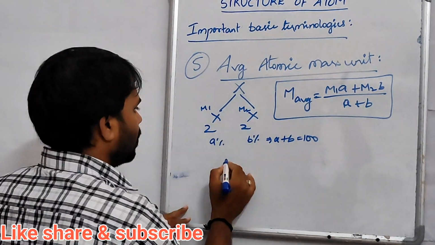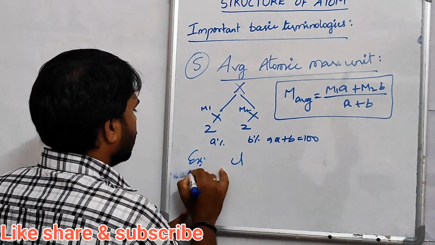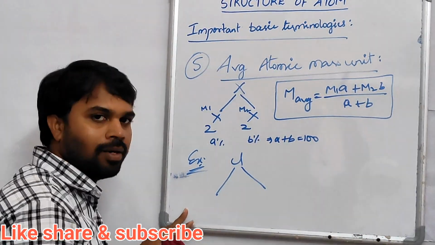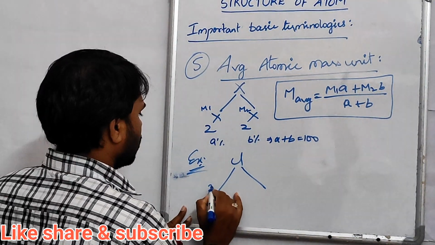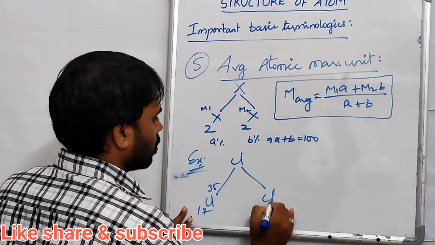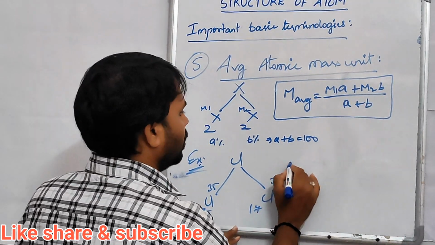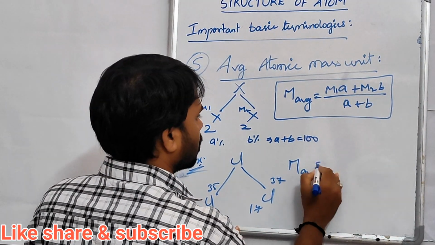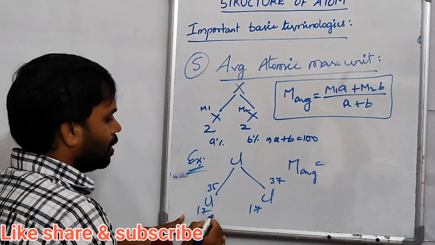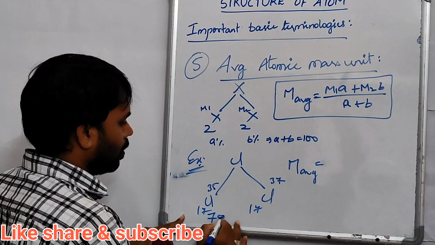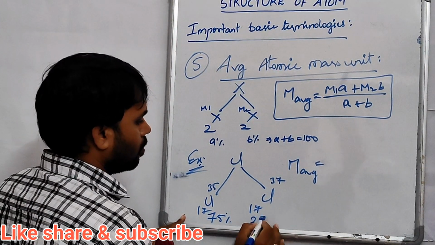Let's see one example. Chlorine exists in 2 isotopic forms, that is chlorine-35 and chlorine-37. The average atomic mass of chlorine is equal to, this form exists in percentage abundance of 75% and this is 25%.